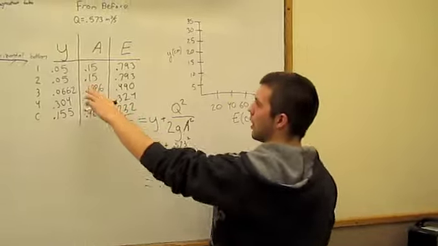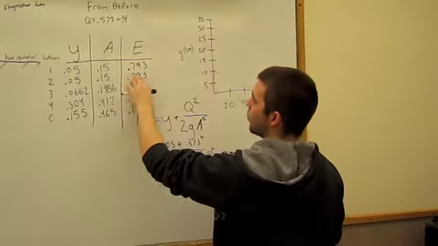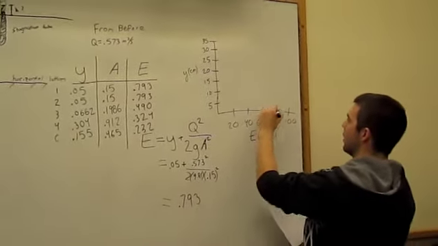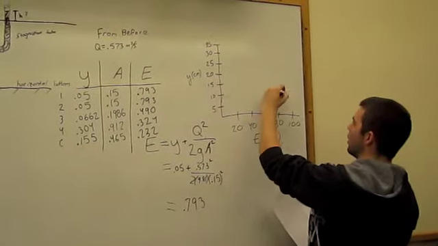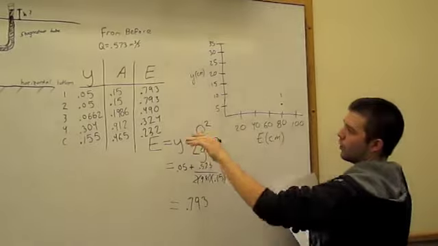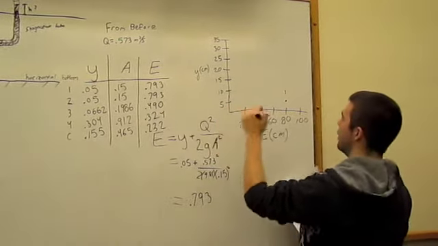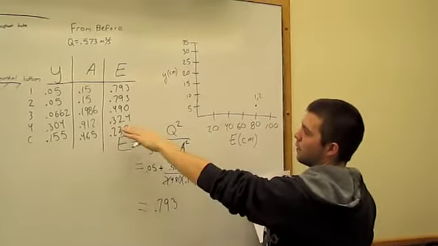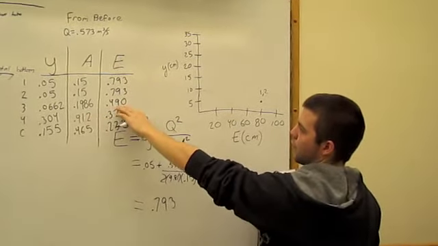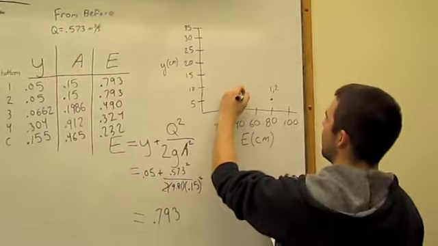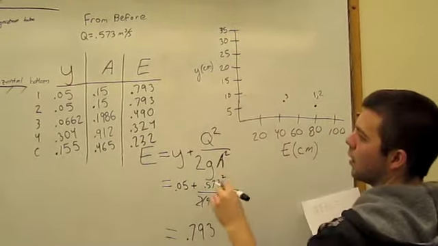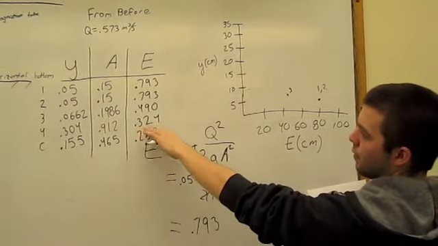So our first point is going to be at 0.05 for y and 0.79 for e, which is going to be right about here. Point 2 is also at the same y and e, so we're going to plot that one right here also. The third point is at 0.066 and 0.49. So we will also put that one on the graph. Next is the 4 value.